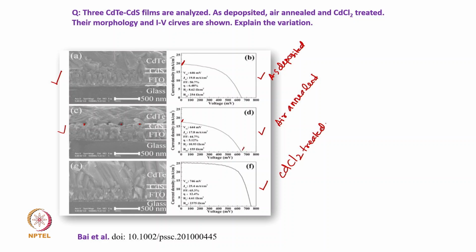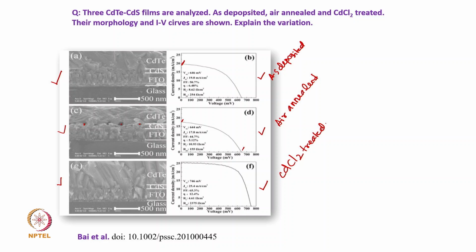Although open circuit voltage does not change much, all right, but there is definitely an inferior IV characteristic as compared to the top one or the as deposited one. Now, we come to CdCl2 treated CdTe, and now you can very clearly notice how the grains are developed. Grains are grown, okay.